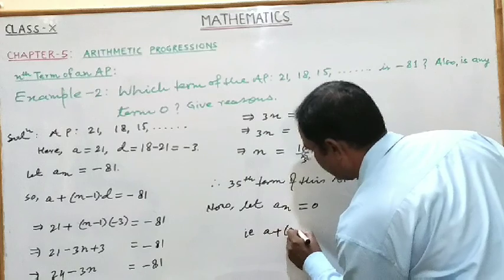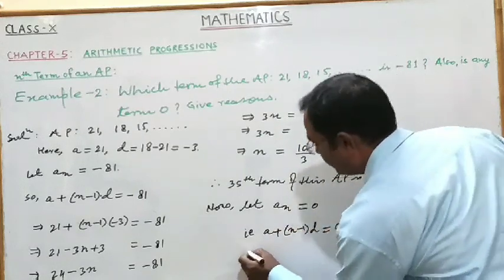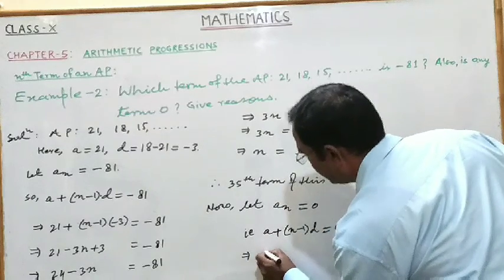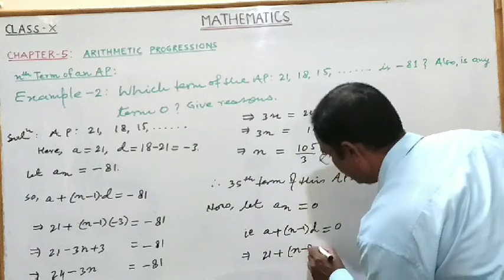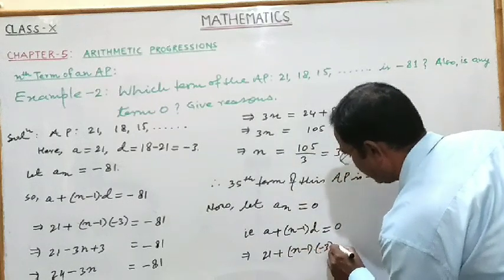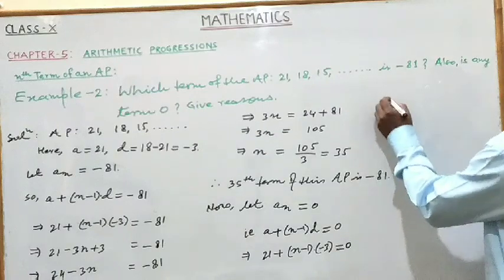A plus n minus 1 into d equal to 0. First term a is 21 plus n minus 1 into d, which is minus 3, that is equal to 0.